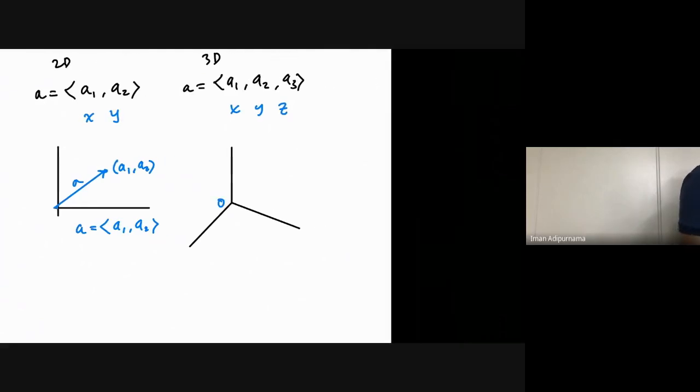So this is 0, and if we have here the position A1, A2, and A3, if this is our vector A, we can define A in 3 dimensions as A1, A2, A3.